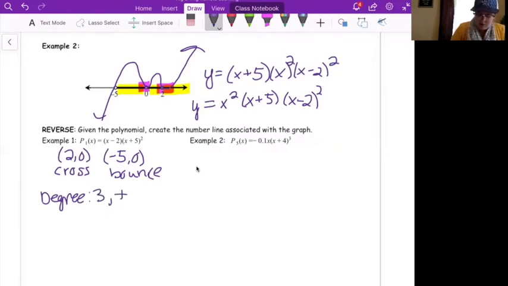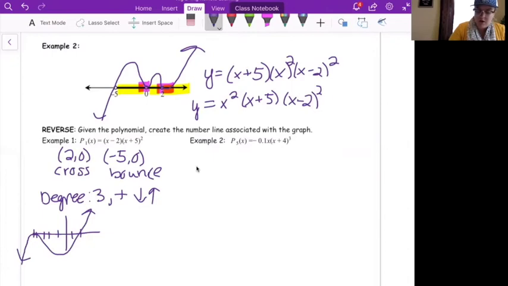And so just making a quick sketch of the graph, this would be 1, 2, 3, 4, 5, 1, 2. And so we know that because it's a degree of 3 and it's positive, it's going to be down, up. And so then we're going to start down, bounce at negative 5, and then cross through at 2.